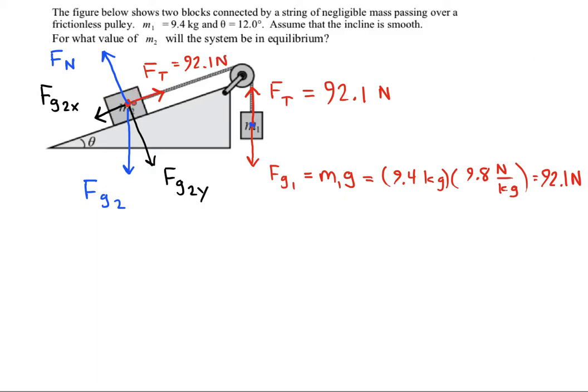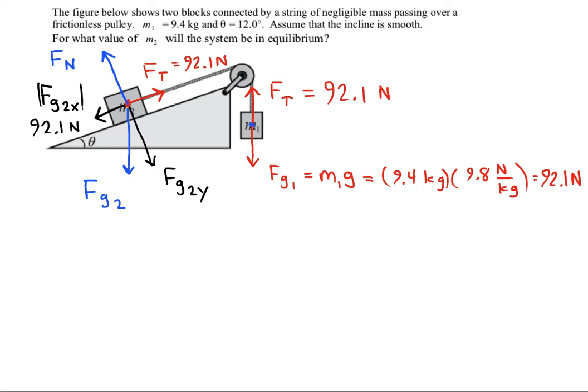Not only that, but if the force of tension here is 92.1 newtons, then the force opposite that would also have to be 92.1 newtons. So the magnitude, or absolute value, of Fg2x will be 92.1 newtons.